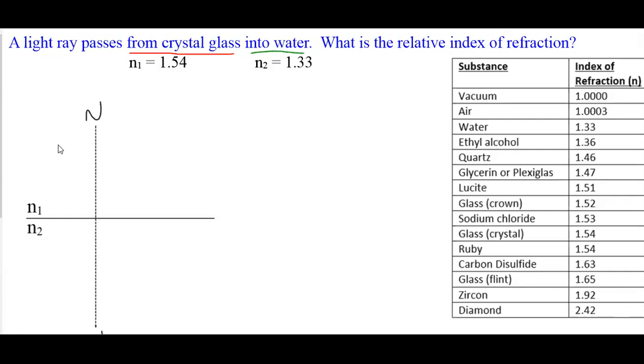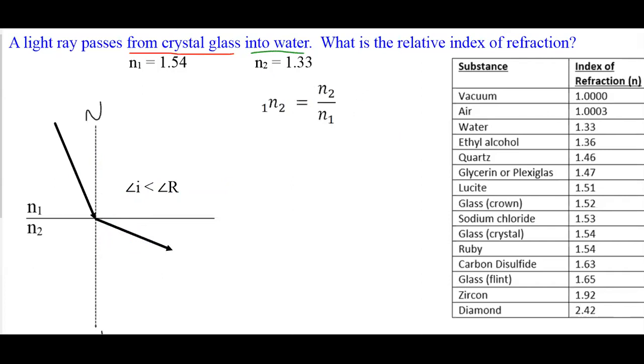If I'm traveling in crystal glass and I move into water, my refracted angle should bend away. That's my angle of incidence. This should be my refracted angle, which should be visibly larger. That's what's happening physically.